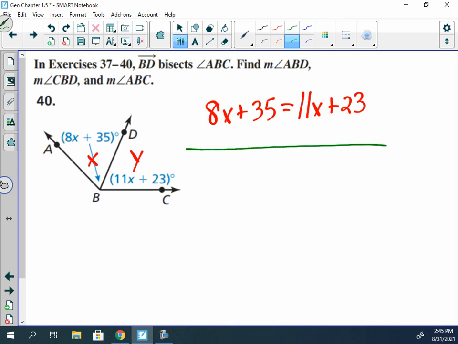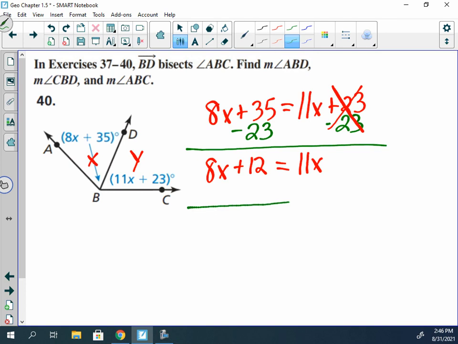Now, what can we do first? Yes, minus 23. We can subtract 23 from both sides. 23 minus 23 would be 0, so I'm left with 11x on this side. Over here, we're going to have 8x plus 12. Then what can we do next? Almost.